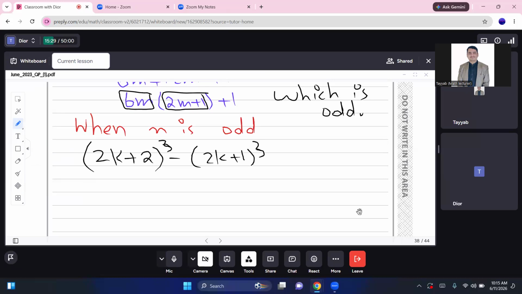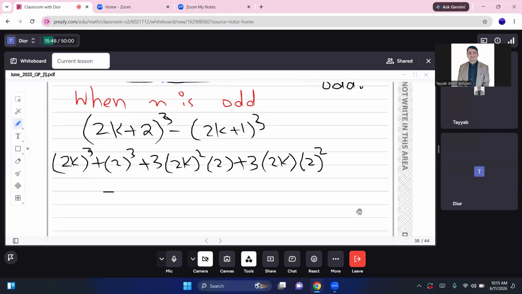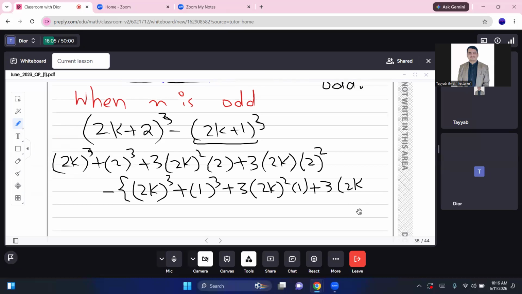So again, a cube plus b cube plus 3a squared b plus 3ab squared, minus this factor. So it's a cube plus b cube plus 3a squared b and plus 3ab squared. Okay.